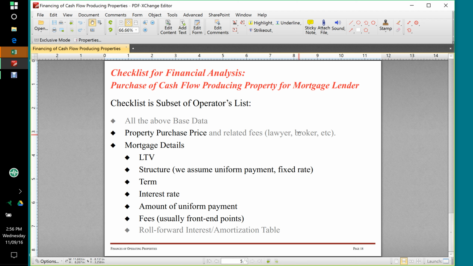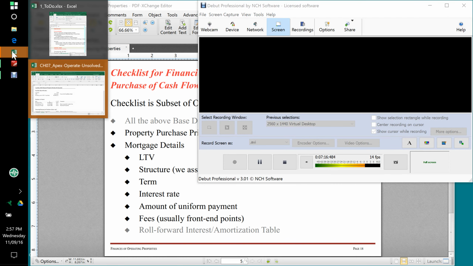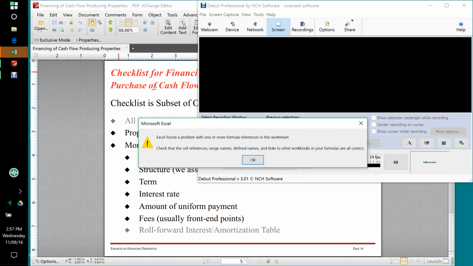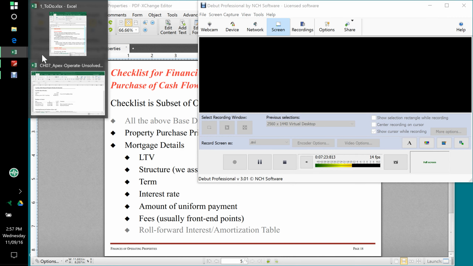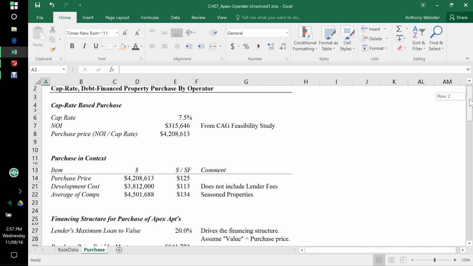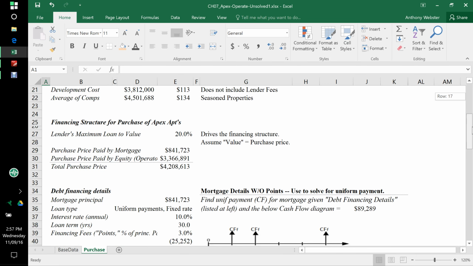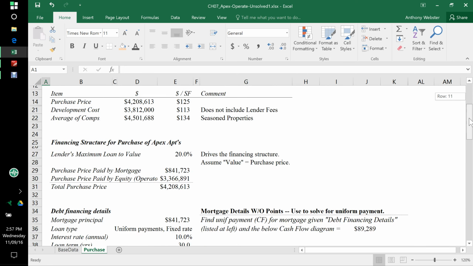Okay, so with all of this in our pocket, what I'd like to do is jump back to not the recording software, but to the spreadsheet that we looked at in class for Chapter 7, which is also in the Chapter 7 outline slides, basically just screenshots taken from this spreadsheet.